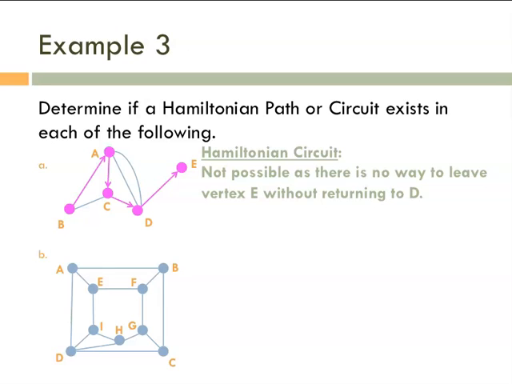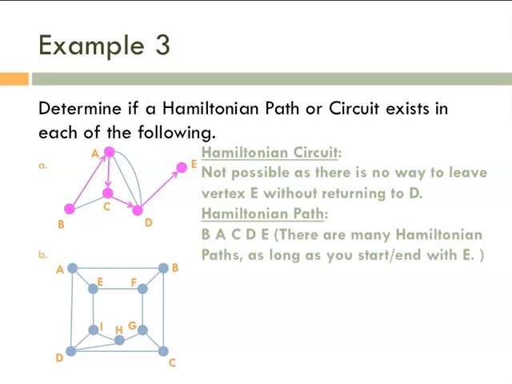Now, in terms of Hamiltonian path, well, we just found one, right? It went to every vertex without repeating. Now, the key here is, because you know that there's no possible way of leaving E without going back to D, you either have to start or end with E for your path in order for this to work.